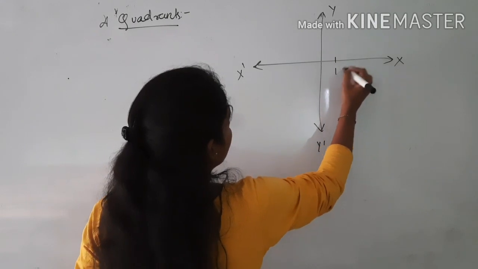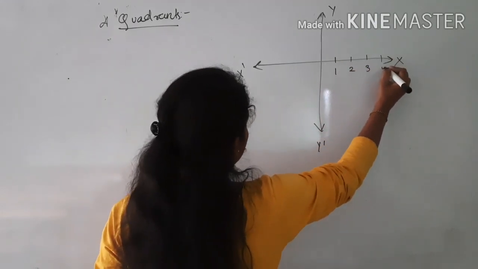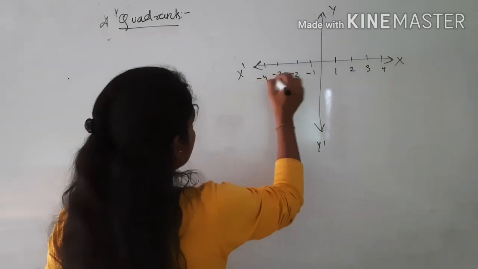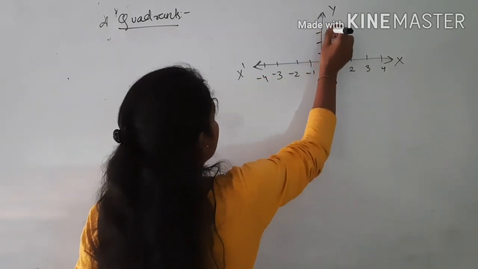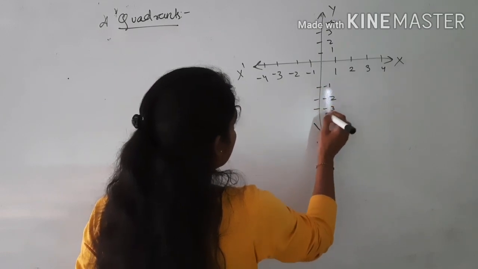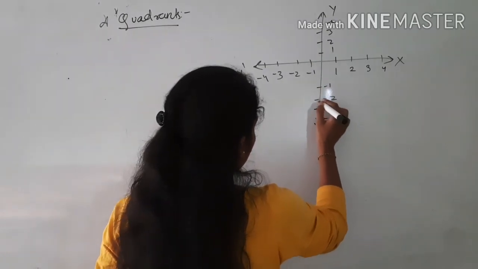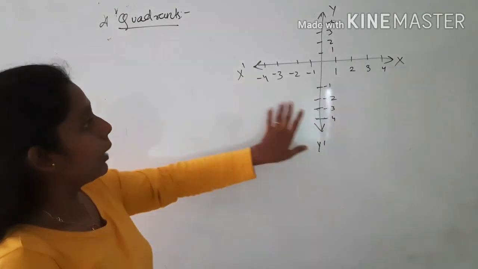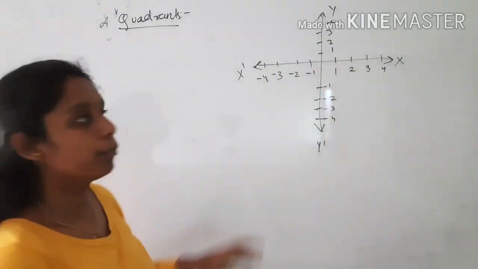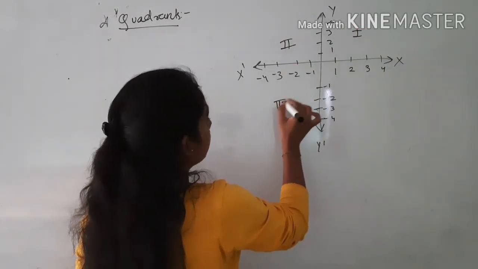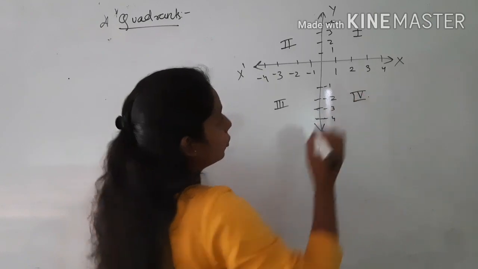We all know that we write positive on the right hand side, negative on the left hand side. Above we write the positive numbers and below we write negative numbers. Okay? Now tell me, how many planes are formed here? 4. That is, this is first, second, third and fourth.